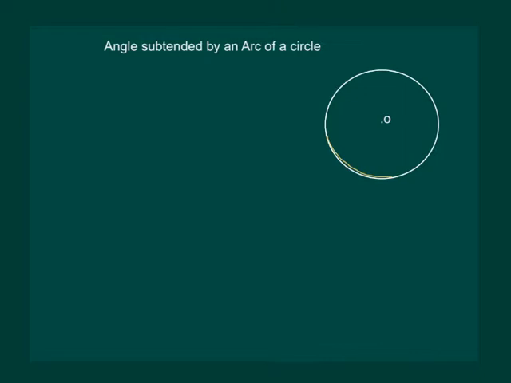What is meant by angle subtended by an arc of a circle? Consider a circle with center O and consider an arc on it. Then the angle subtended by this arc PQ at the center of the circle is the same as the angle subtended by the corresponding chord at the center of the circle.